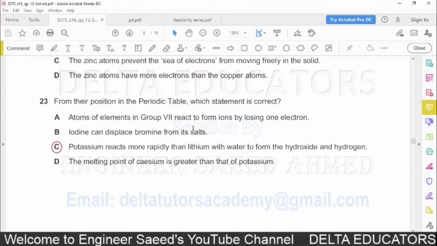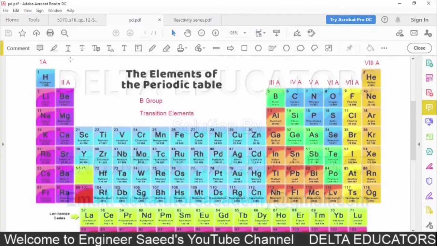Option C, potassium reacts more rapidly than lithium with water to form the hydroxide and hydrogen. Yes, it is correct. Both potassium and lithium belong to 1A group, and when we move down the group, reactivity increases. So here potassium will be more reactive than lithium. So potassium will react with water more rapidly as compared to lithium.